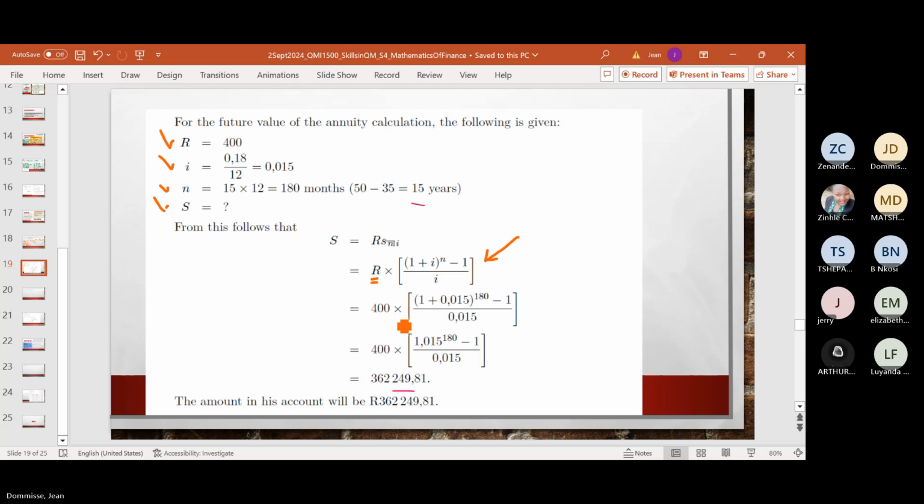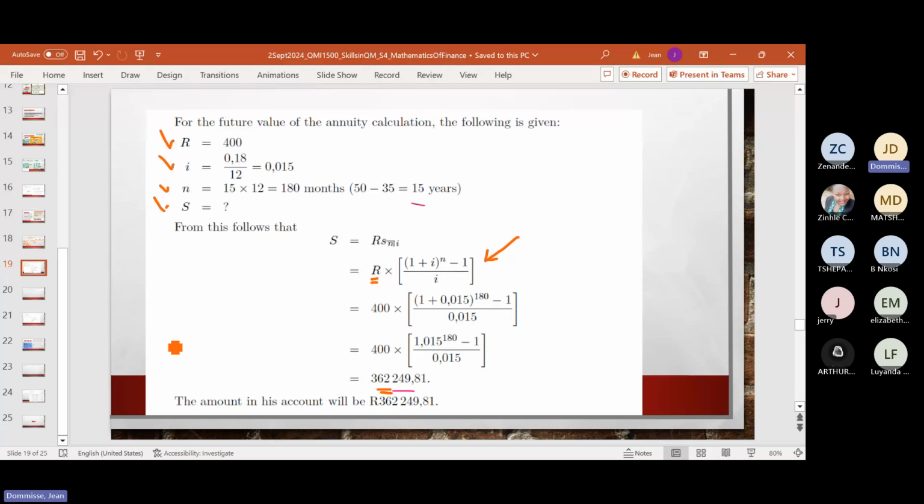And then if you replace everything, you can get the 362,249. I just quickly want to redo this on my calculator to see if I can understand how the one I have downloaded works.